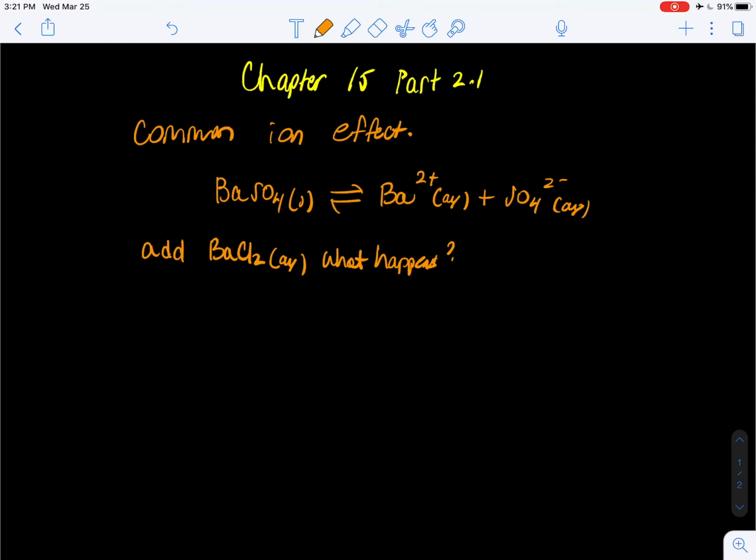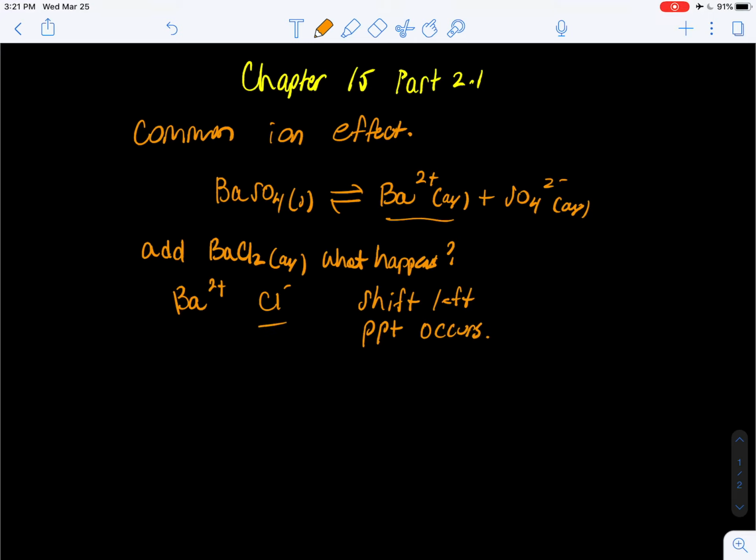Well, break this substance down into parts. Barium chloride has barium and it has chloride. So barium is a product, so it would cause the reaction to shift left. What we would actually observe is a precipitation forming, or more precipitate forms.